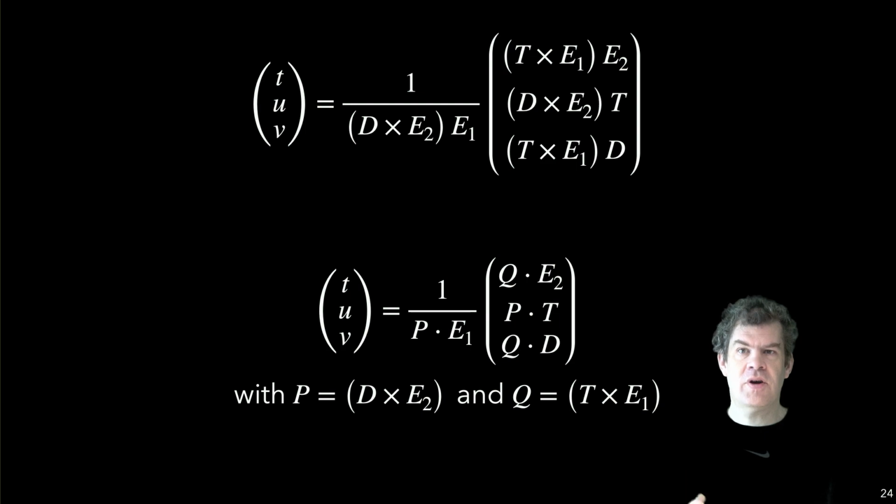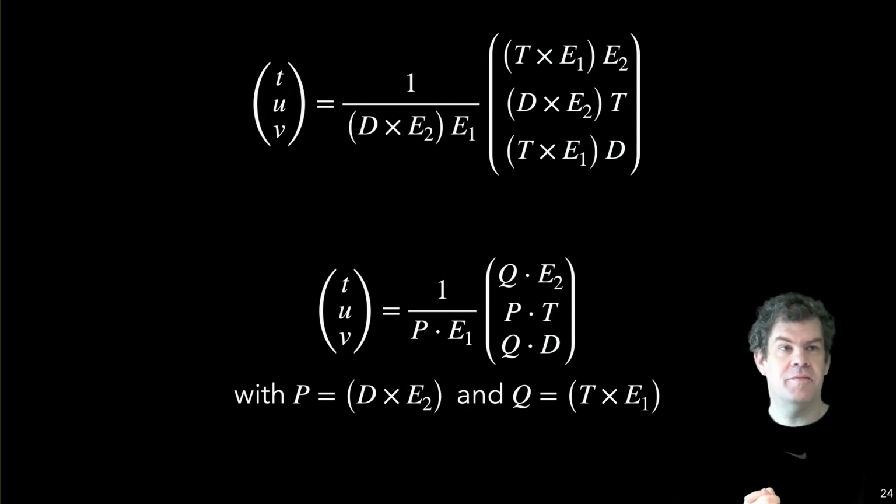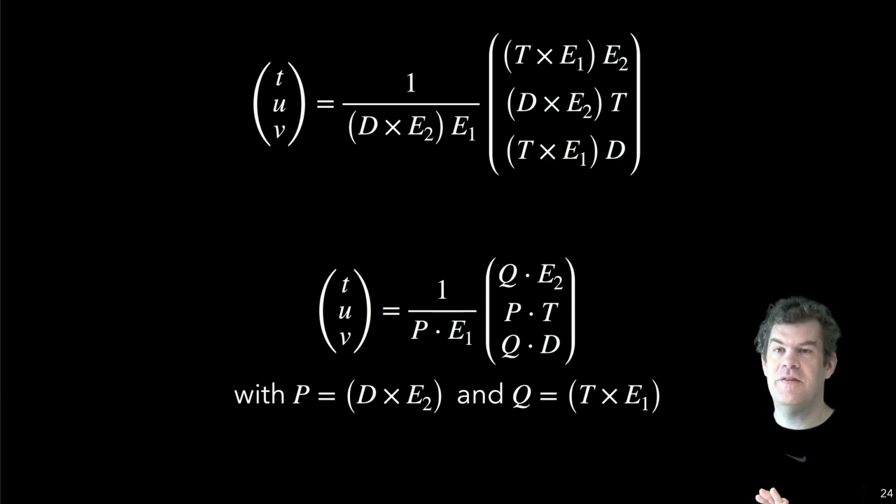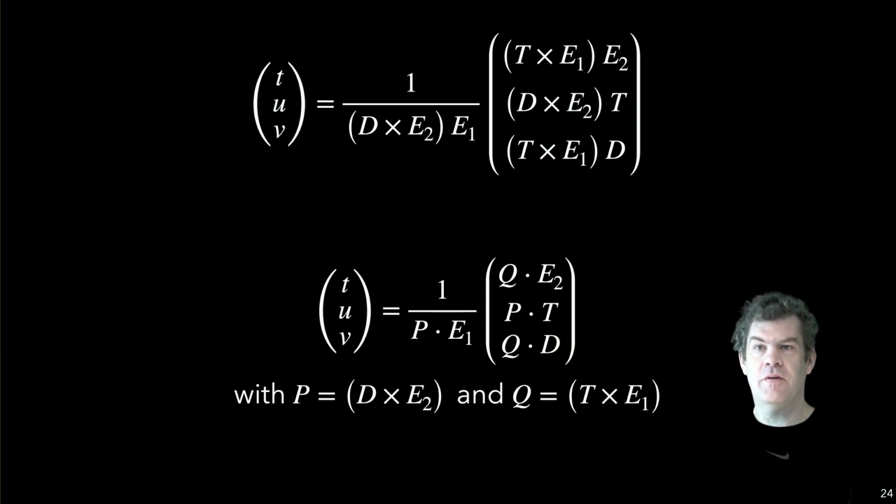You can even look at that. This is probably something we should do in an exercise: figure out the meaning of p times e1. When is p times e1 0? That's when it's parallel, but why is that the case? It's probably a 20-second thing, but you might want to look at that yourself.